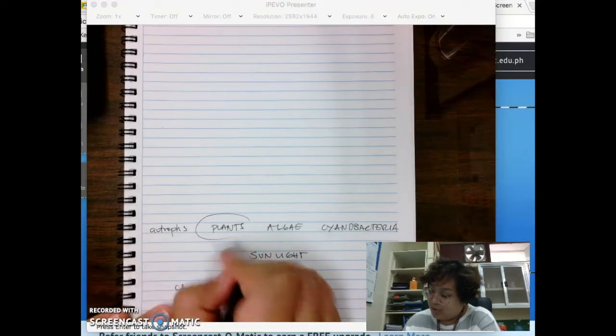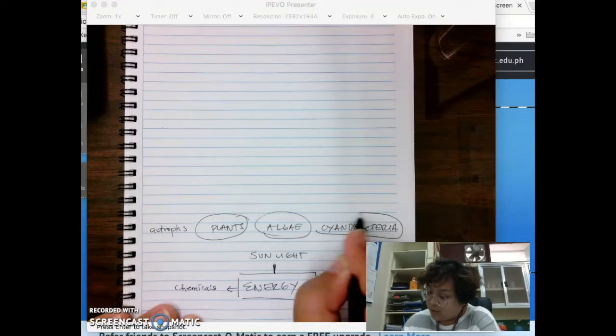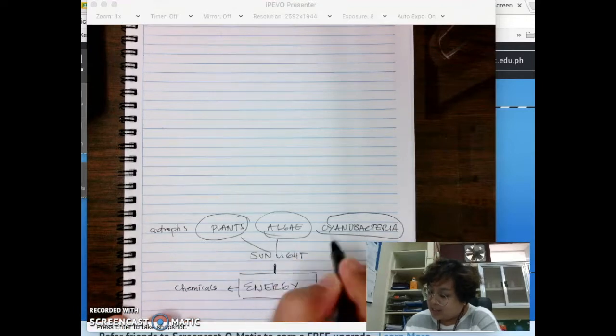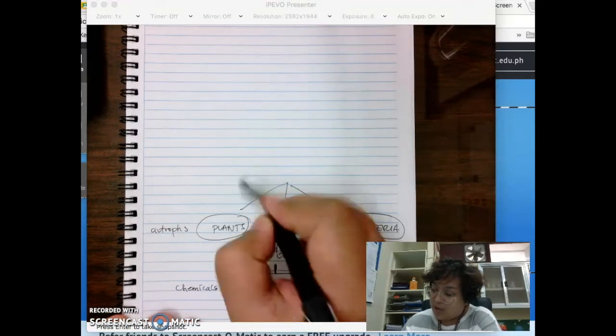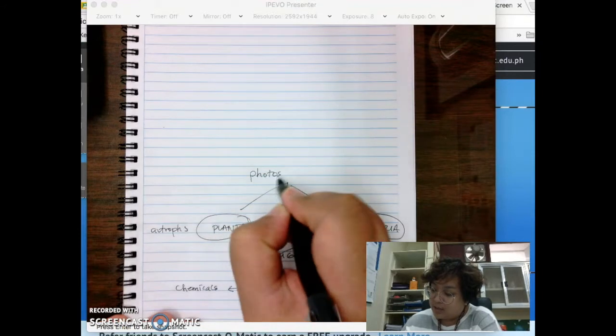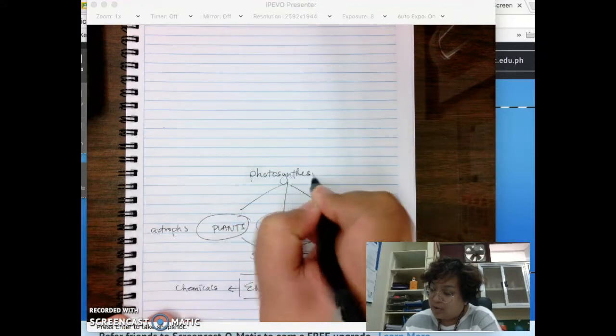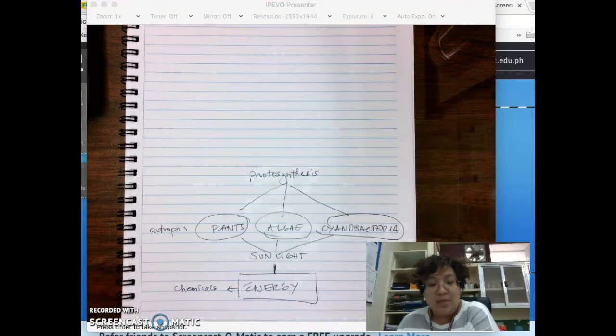So these three groups of organisms have the ability to undergo a process called photosynthesis, which you all know converts light energy into chemical energy.